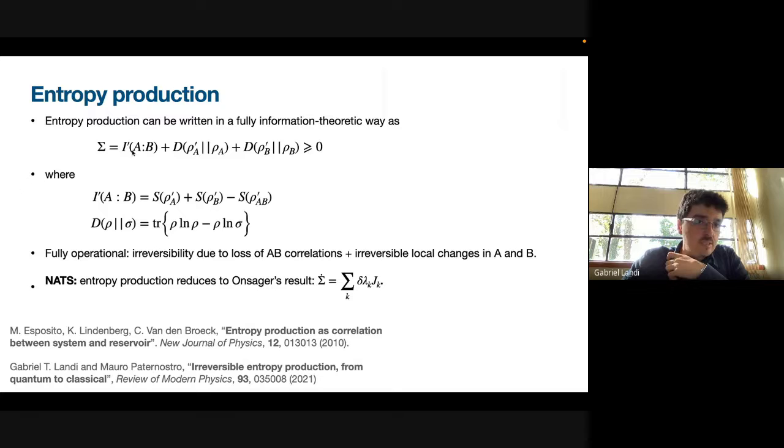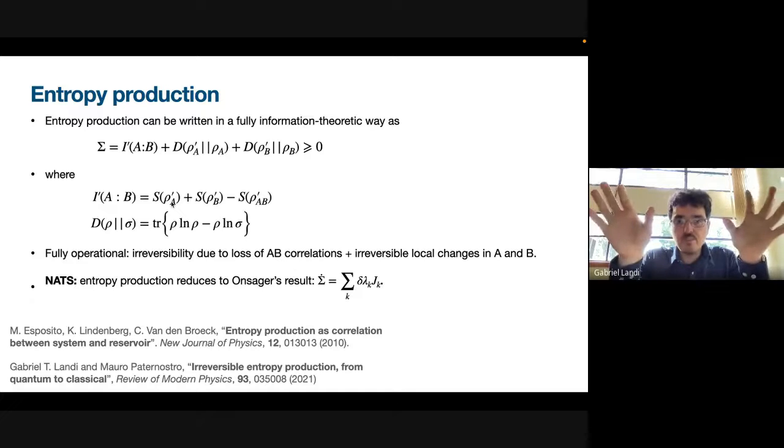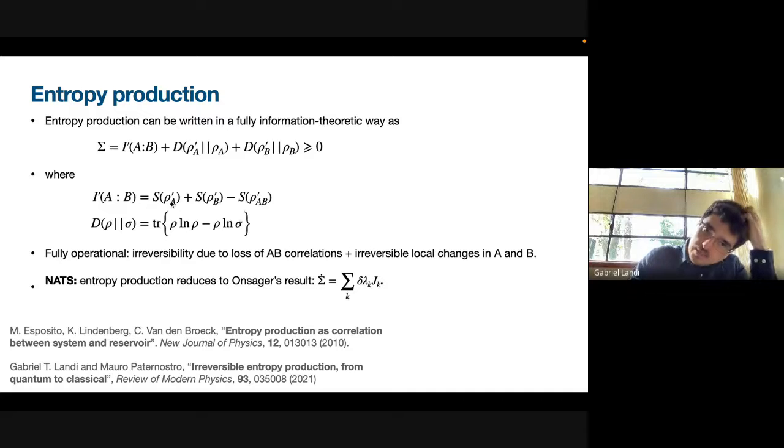The first term, this I prime, is called the mutual information, and it's a measure of correlations. S here is the von Neumann entropy. So I is essentially the amount of correlations that A and B develop during the collision. So initially, the two units were uncorrelated. They were in a product state, but then they are put to interact and they get correlated.